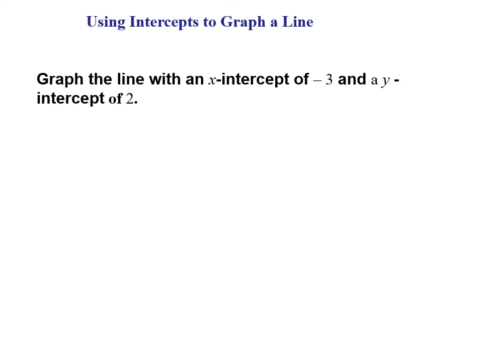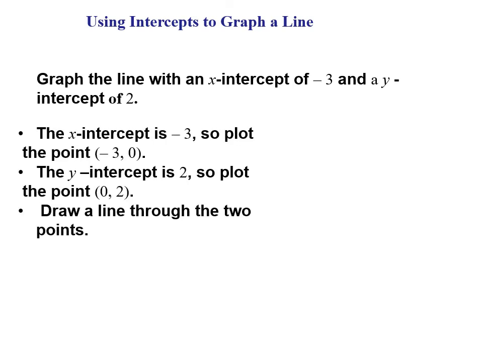Take this example. Graph the line with an x-intercept of -3 and a y-intercept of 2. That information gives us 2 points in the coordinate plane that are on the line which we want to graph.